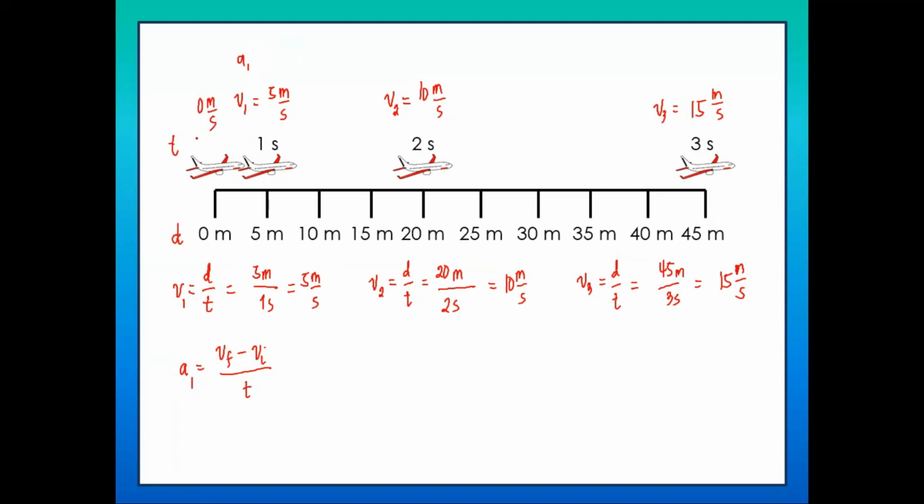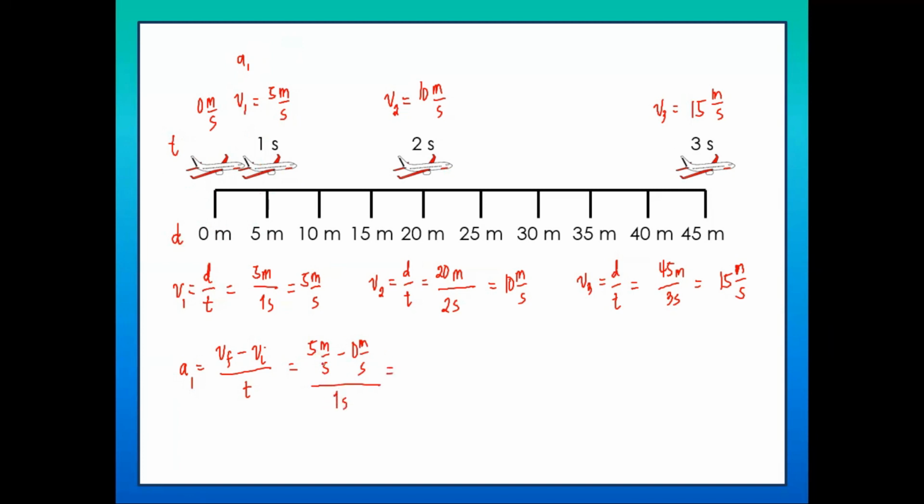Bakit? Kasi at rest pa lang naman, that is the initial velocity of our airplane. So it doesn't move pa, kaya there's no velocity. So our final velocity is 5 meters per second minus 0 meters per second over time, which is 1 second.